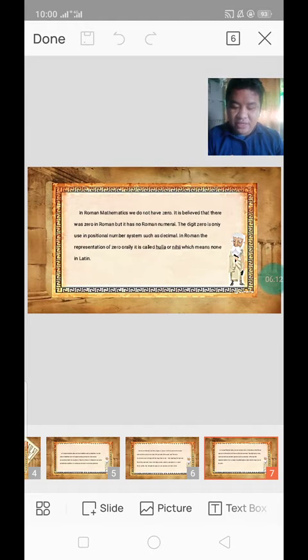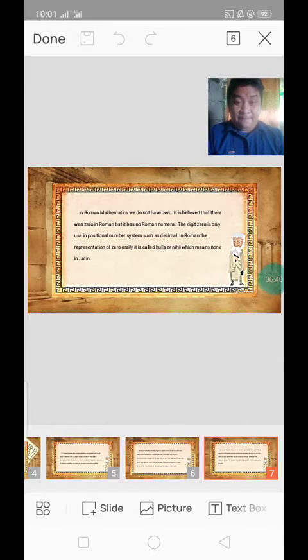Then later on, in Roman mathematics, we do not have 0. It is believed that there was 0 in Roman times, but it has no Roman numeral. The digit 0 is only used in positional number systems such as decimal. In the Roman representation, 0 orally is called nulla or nihil, which means none in Latin.